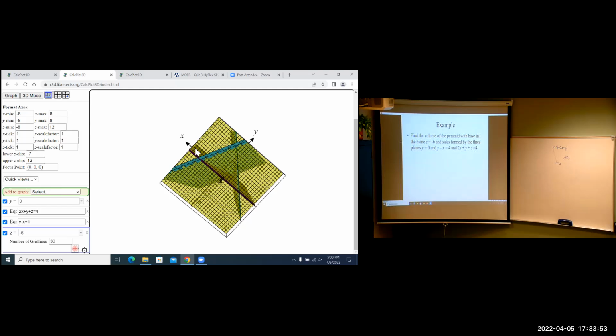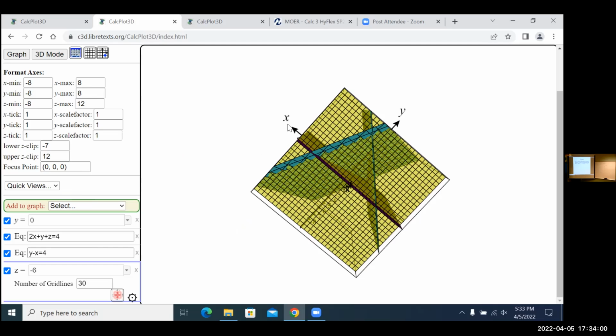So this is what it's going to look like in the XY plane, except it is backwards. My positive X is over this way, right? So it's because I'm looking at it from bottom up instead of top down. But I wanted you to really see the shape. Okay, so we can start to draw this thing, and then let's talk about what kind of things we got going on in here.